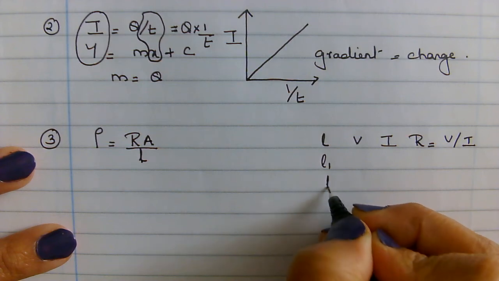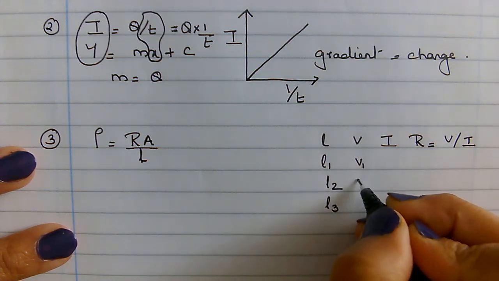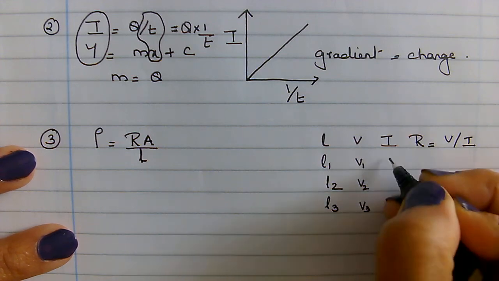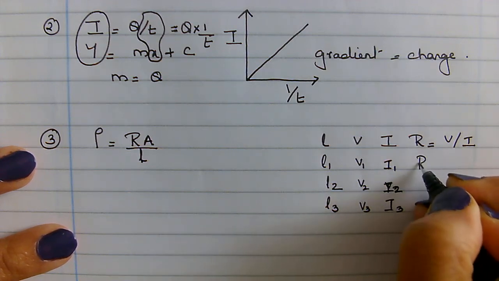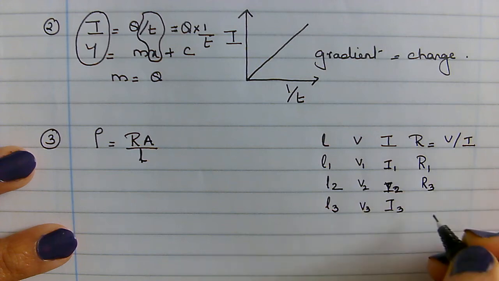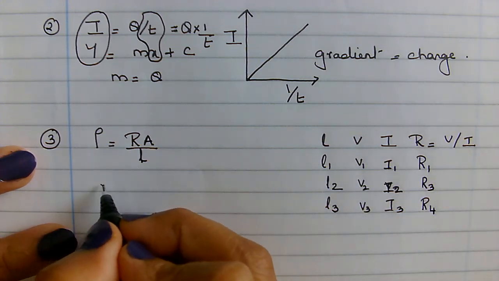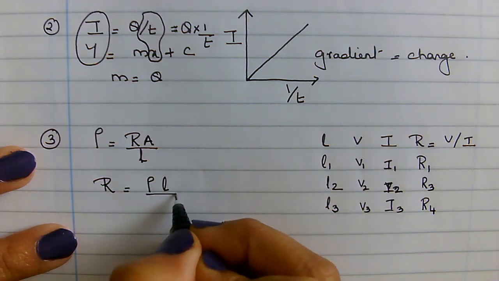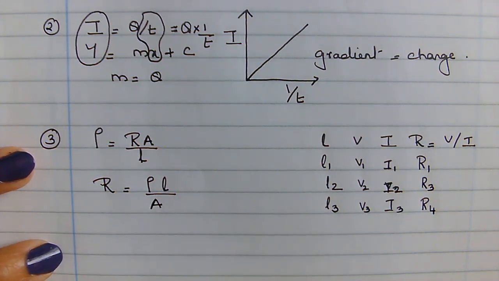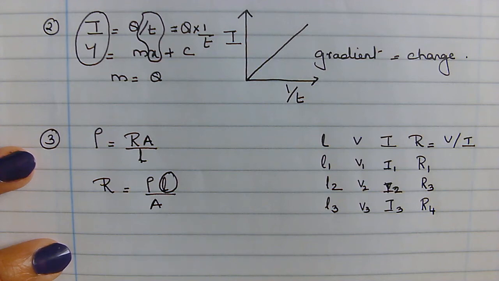So I have different lengths with me, so I will get different voltage, different current, and each time I will calculate the resistance. So if I rearrange this equation, R is equal to rho L divided by A. So I changed my L each time.